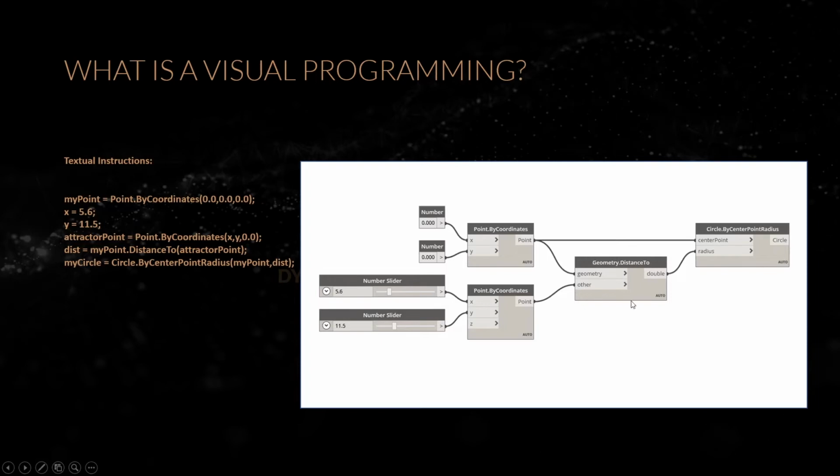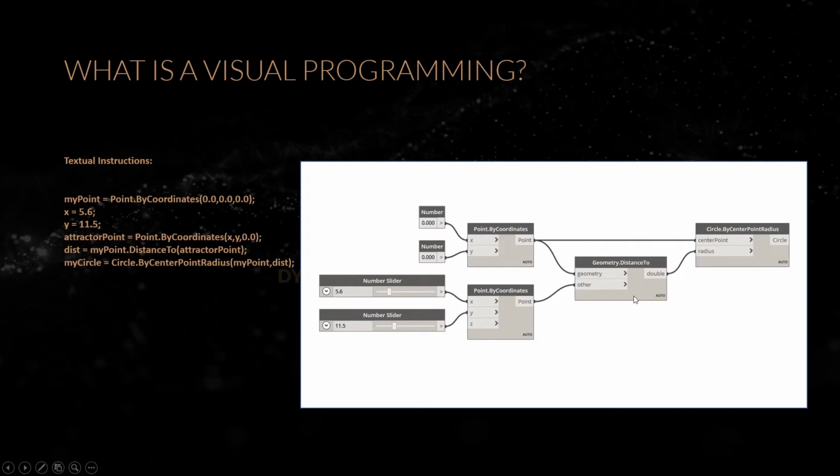We have here the node Geometry Distance To, and we can see that for that node we must have these 2 inputs, and for the geometry we choose this point, and for the other we choose this point. And here you can see an attractor point that is this x, y and 0.